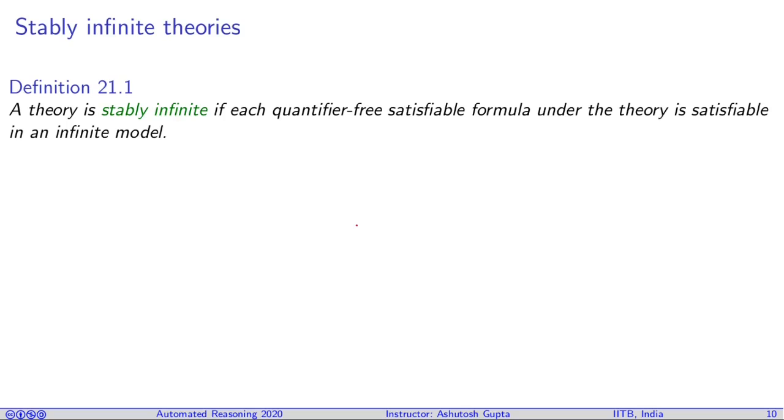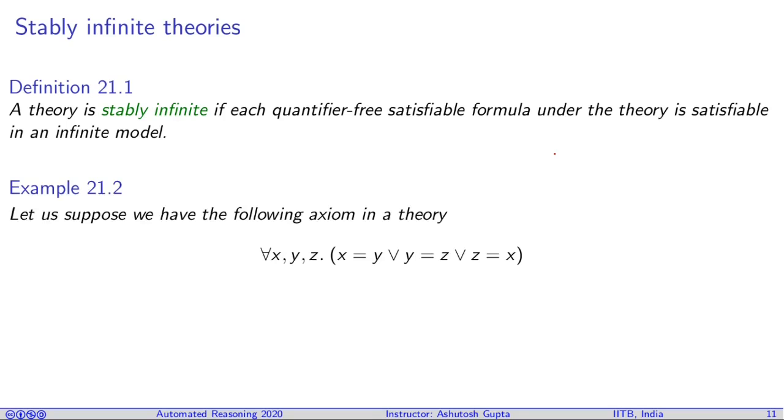So let's see what is stably infinite. A theory is stably infinite if for each quantifier-free formula satisfiable under the theory, the formula is satisfiable in an infinite model. It should not happen that it is satisfiable but there is no model that is infinite. It's a very strange condition at first viewing, but eventually it will be clear what it means.